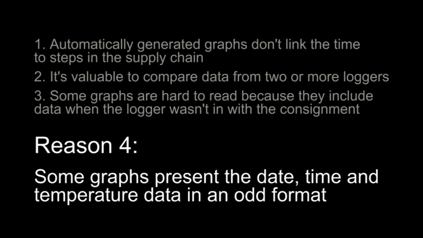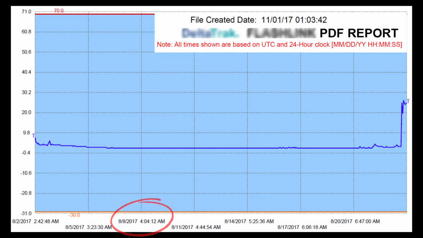The fourth and final reason to consider regraphing is automatically generated graphs can sometimes present the date and time data in an unfamiliar time zone or without date, time, and temperature data. For example, 4:04:12 a.m. UTC, 9.8 degrees.